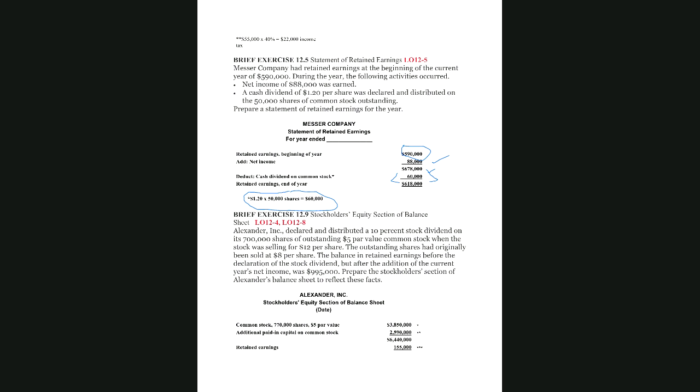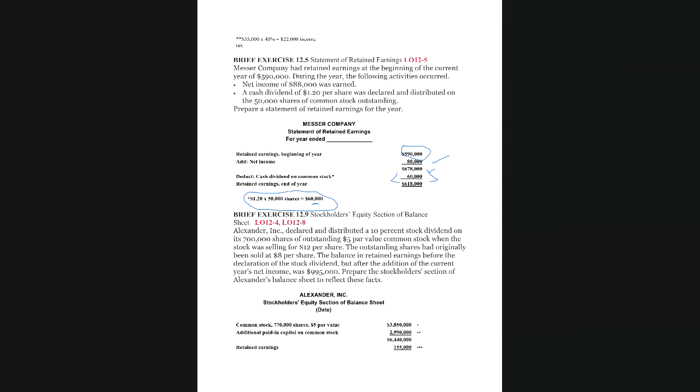So here, the board of directors declared a $1.20 dividend per share on each of the 50,000 shares of common stock outstanding. That means the total amount of the cash dividend was $60,000.